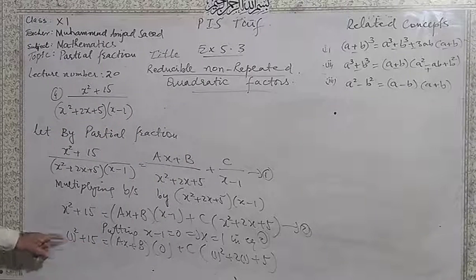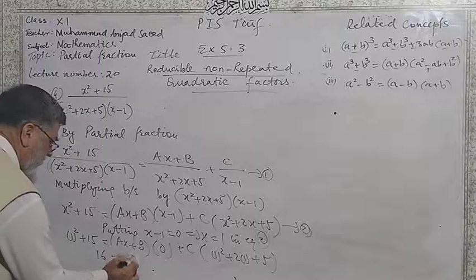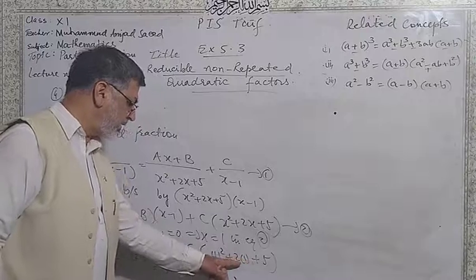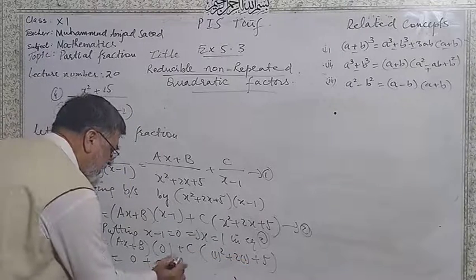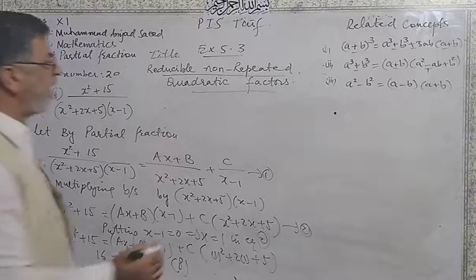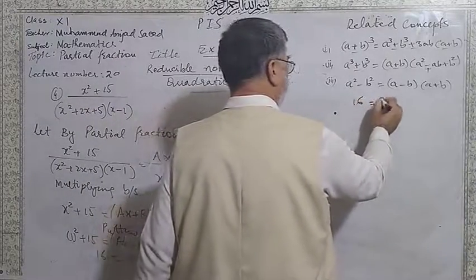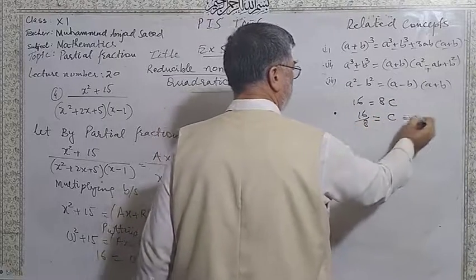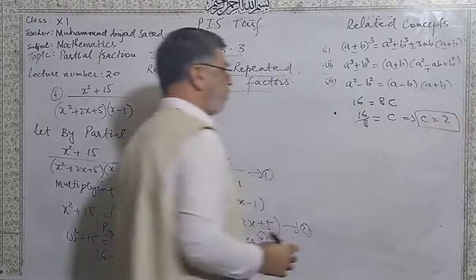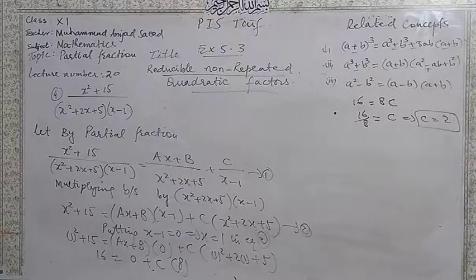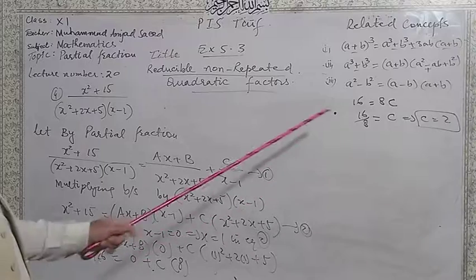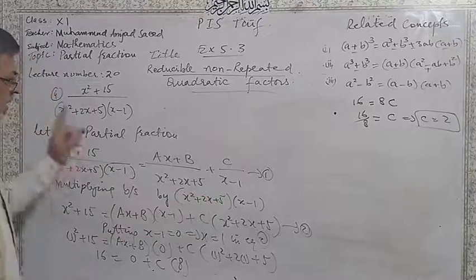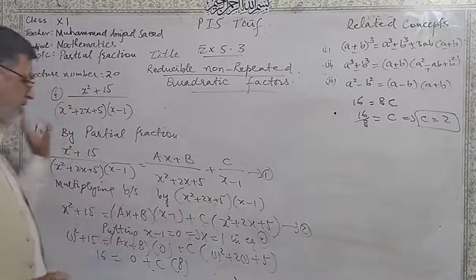Here you can check 15 plus 1, 16 is equal to 0 plus c into 8. So 16 is equal to 8c and c is equal to 16 by 8, that is, c is equal to 2. So we have found one constant by the putting method. After that, no linear factor remains, so we can find the other constants by the comparison method.